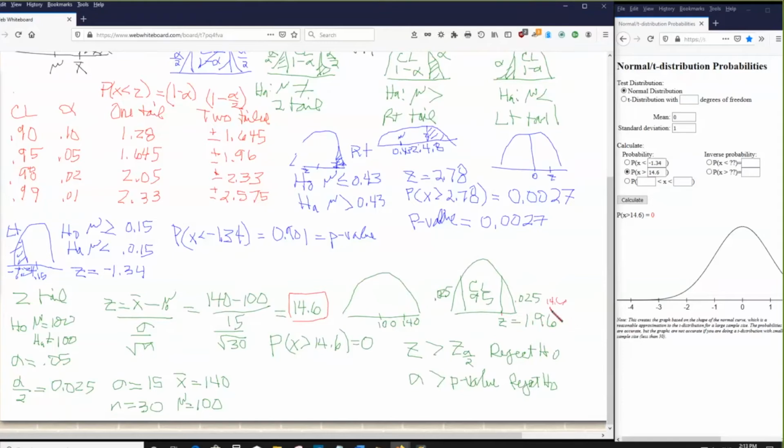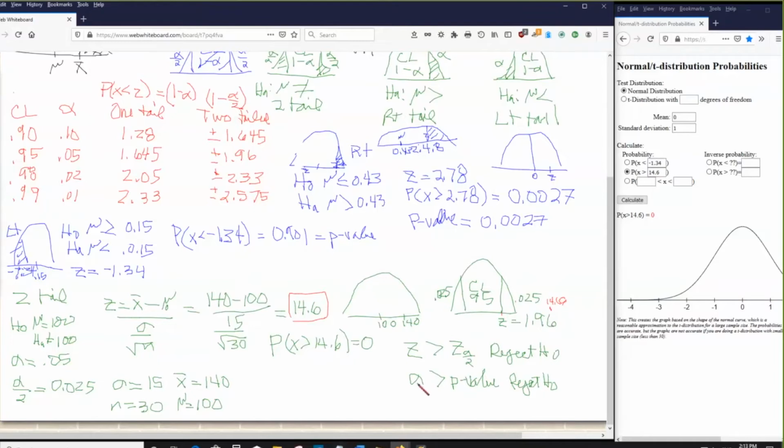So it makes sense that it's unlikely, if our standard is 1.96 standard deviations away from the mean and we got a z-score of 14.6, that we're going to be way off of that mean. And so that's why we would reject it.